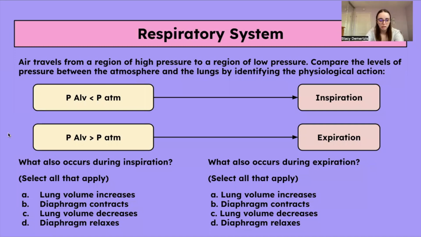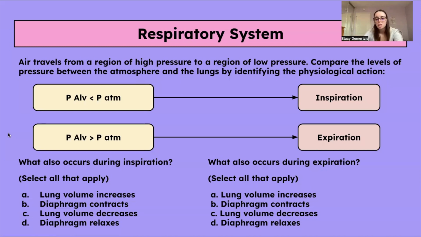I see lung volume increases, yes, and the diaphragm contracts. As we breathe in, the diaphragm gets lower, and that's contraction of the diaphragm. As it gets lower, our lungs fill up with air.